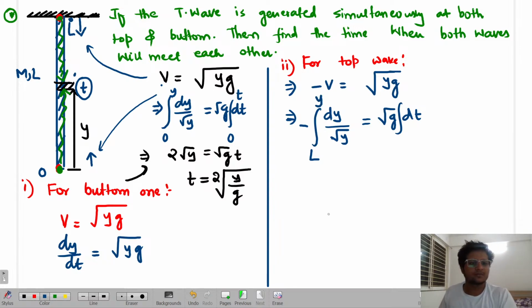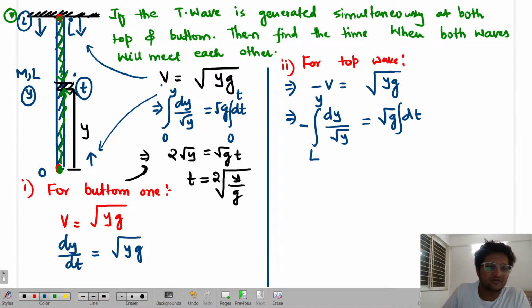Did the concept make sense? Because if I am doing this integration dy by root y, what's the meaning of that? The wave starts from the topmost point at coordinate L, and it appears at y finally. Its velocity is negative because it is downward. So the integration must be taken from L to y. And here also time t was 0 and it's meeting at time t, so the integration must be from 0 to t.